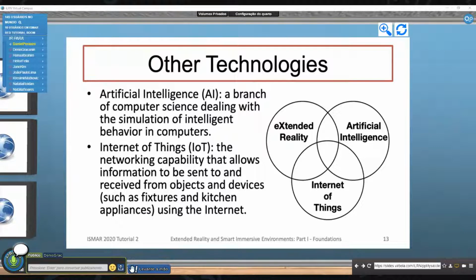So from that perspective, kitchen appliances or even fixtures can be smart objects, smart lights, smart appliances, and they all provide some kind of services. And what we are looking at with smart immersive environments is primarily the intersection of extended reality and Internet of Things, but there is also a part that on top of that adds artificial intelligence to provide other services.